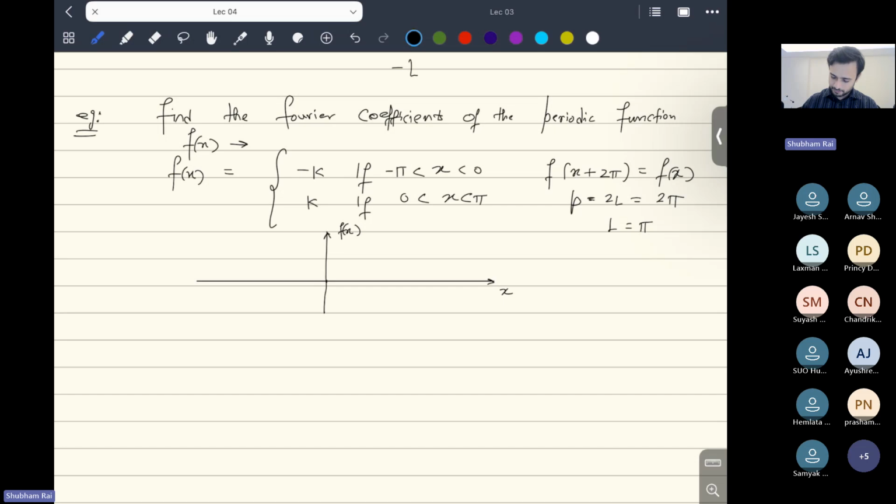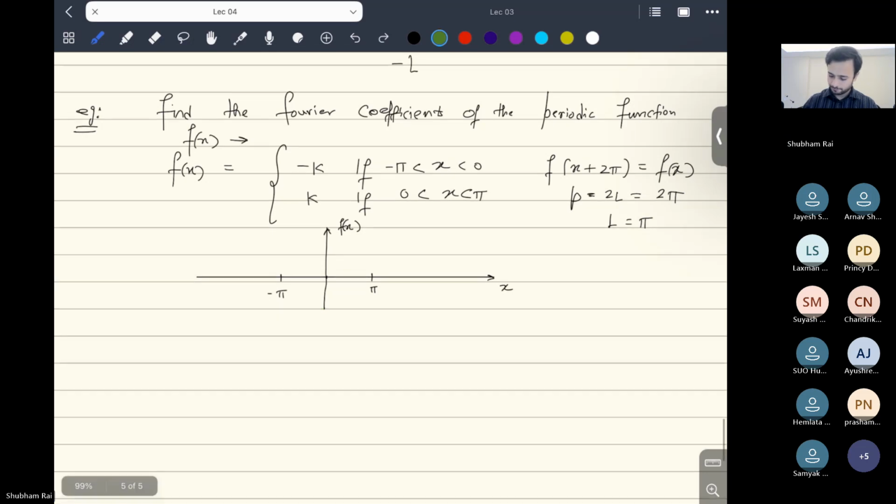Here it is pi, and here it is minus pi. From minus pi to 0, it is minus k. So let's say this is minus k. And from 0 to pi, it is k.